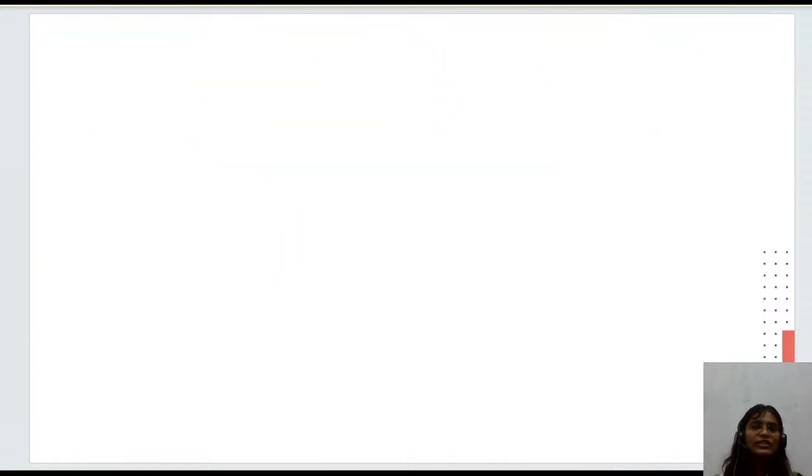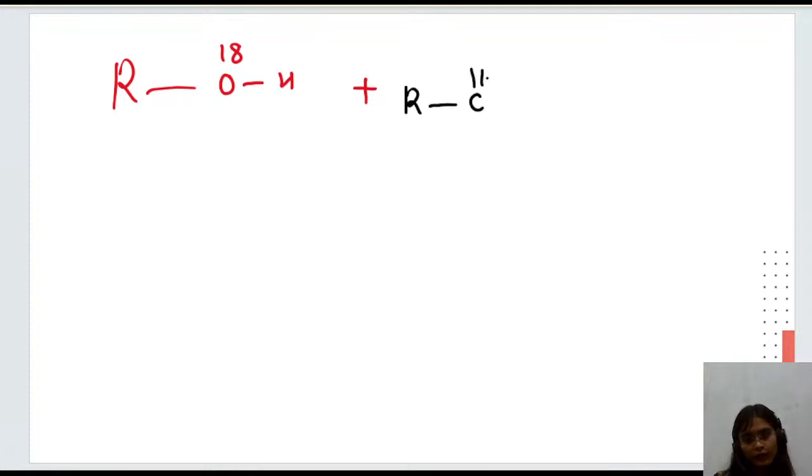Now let me explain the use of this R-OH bond breaking. This is a question, just try to answer it. You have some ROH, let's suppose I'm using an 18 oxygen isotope, and this is going to react with RCOOH. Now you have to identify the final product.